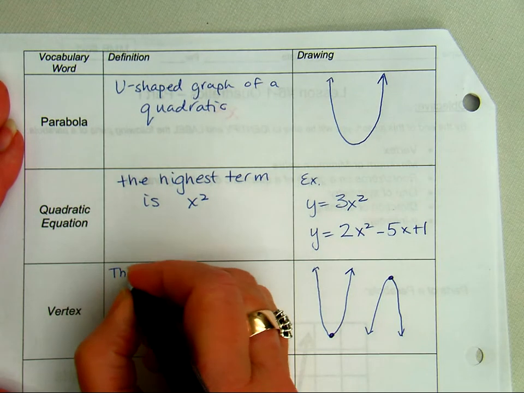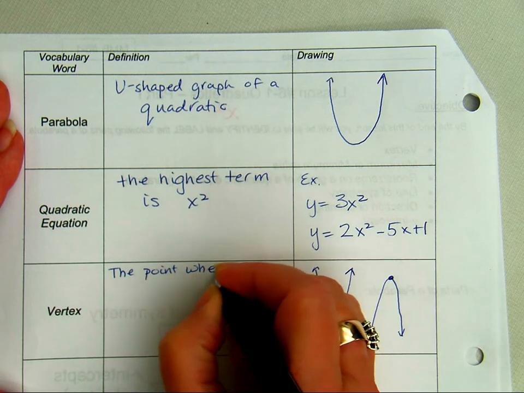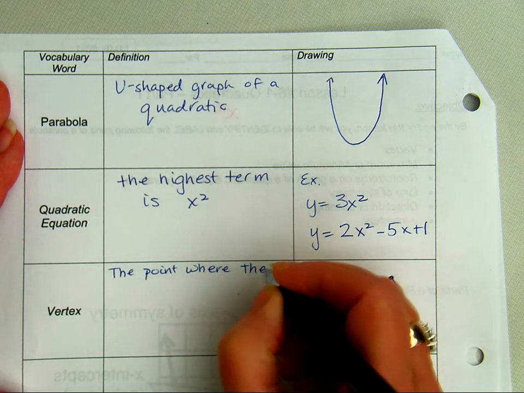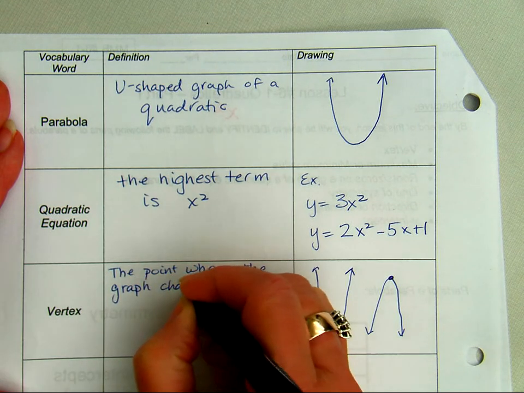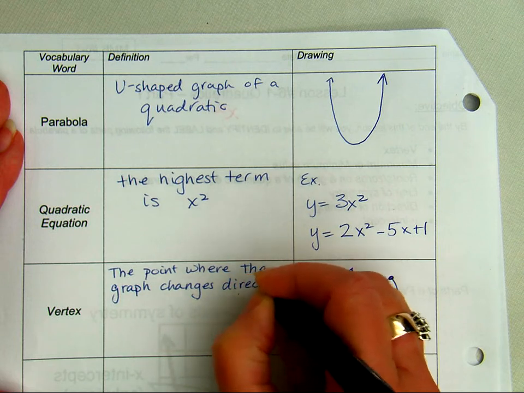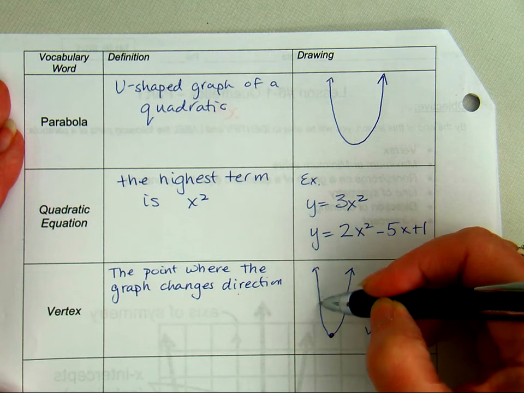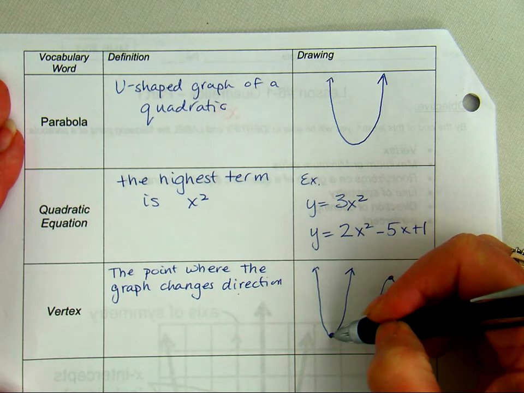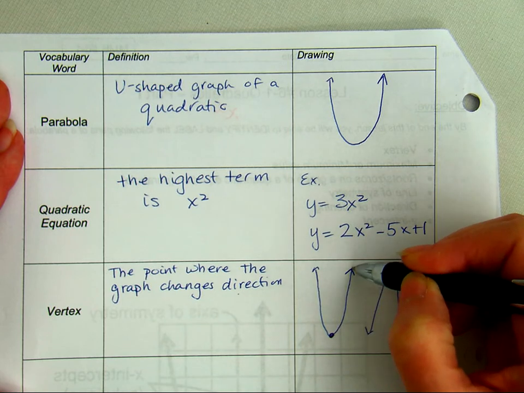It's the point where the graph changes direction. Like here, it's going down, so it's negative. Then we get to the vertex, and then it starts going up, positive.